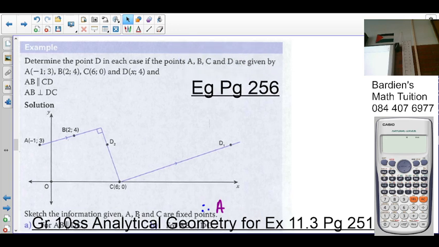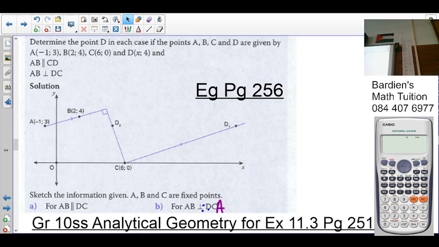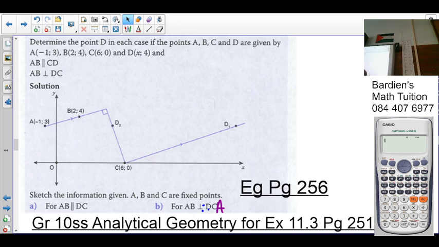Here we are told, determine the coordinates of D. The points A, B, C, D are given by A is negative 1 and 3, B is 2 and 4, and C 6 and 0, and D is X and 4. If AB is parallel to CD.